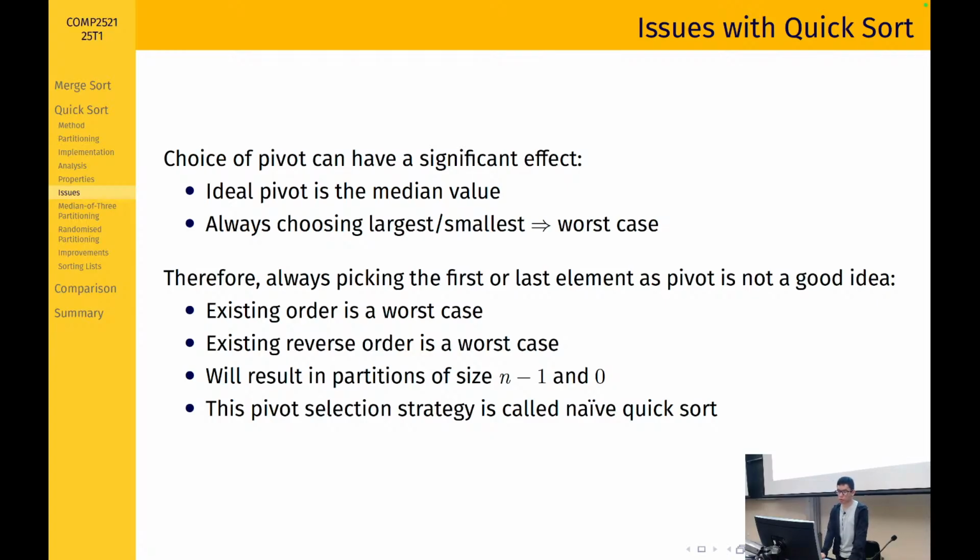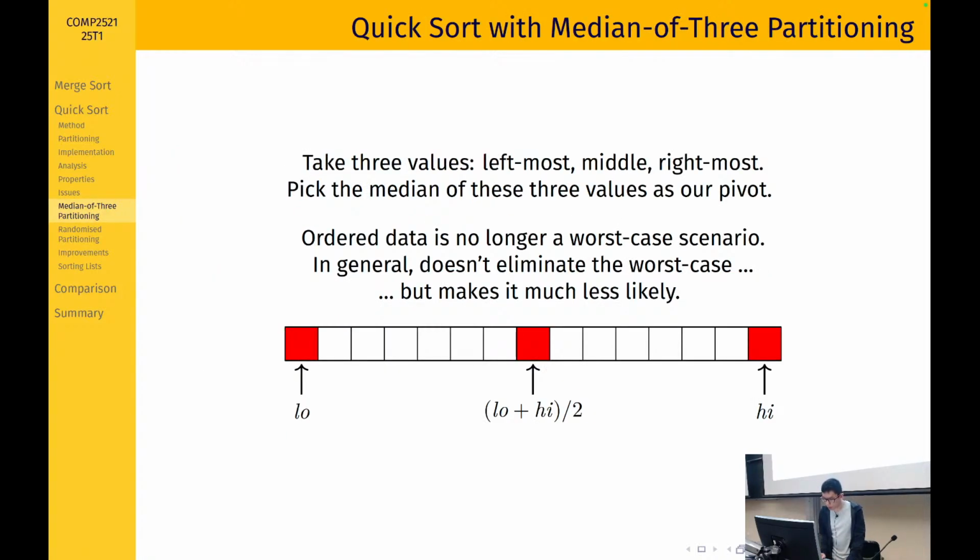So to deal with this problem, there are other variations of quicksort that can choose the pivot in a different way. The first one is called median of 3 partitioning. How this works is instead of always taking the leftmost element as the pivot, we consider 3 values from the array: the leftmost element, the rightmost element, and the middle element. And we choose the median of those values to be our pivot.